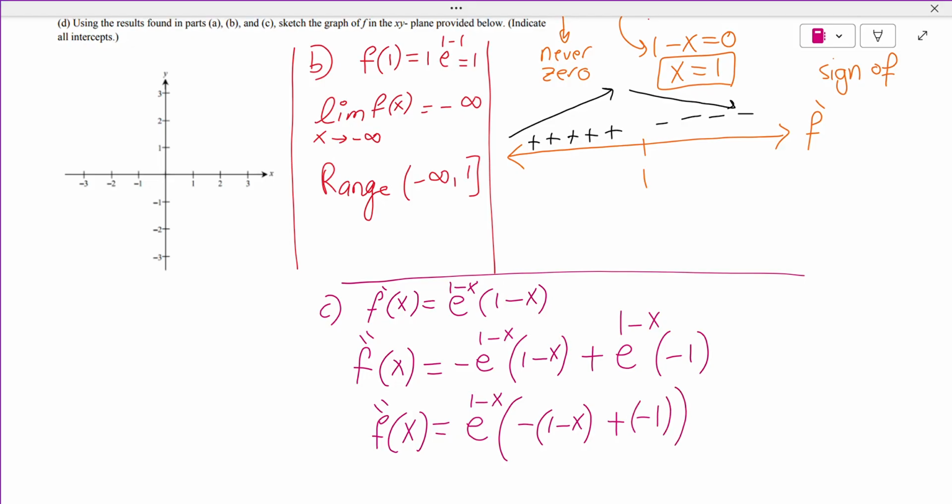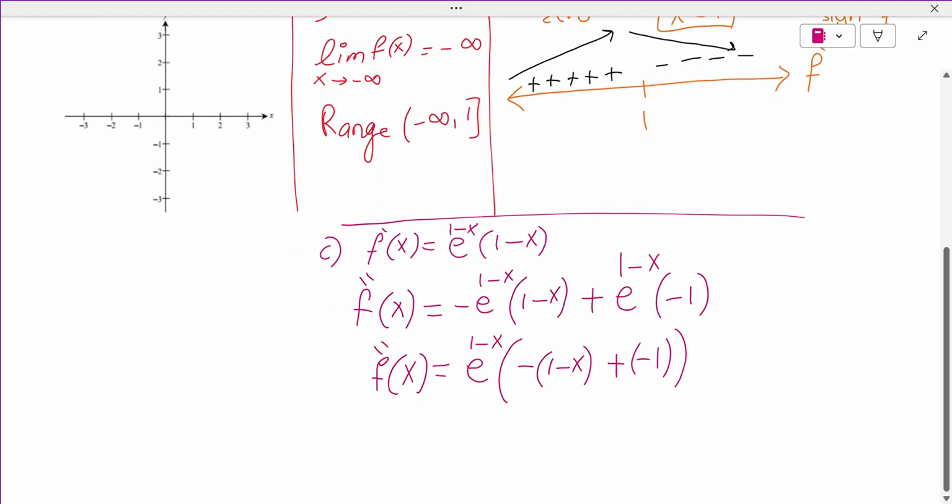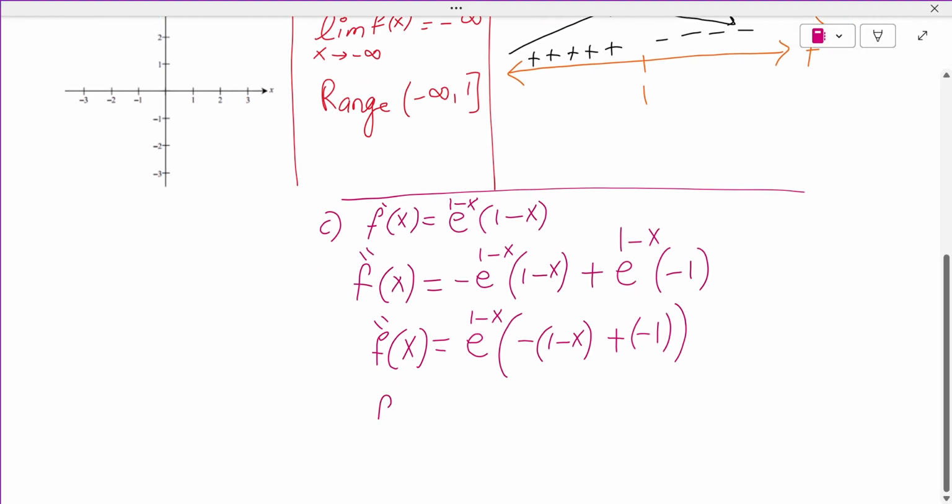Now to find the inflection point, you need to set it equal to 0, but let's rewrite it first. F double prime of x equals e to the power of 1 minus x, and this simplifies to what? This minus goes to the 1 and it goes to the minus x.